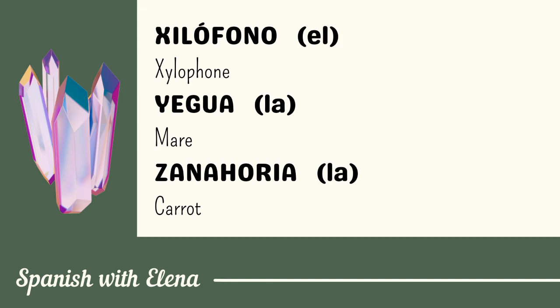Other examples could be the words examen, E-X-A-M-E-N, examen, that means exam, or the word explicación, E-X-P-L-I-C-A-C-I-O-N, explicación, that means explanation. And once again, although the letter X, la letra X, doesn't sound like in the word xilófono, it sounds the same in Spanish and in English.